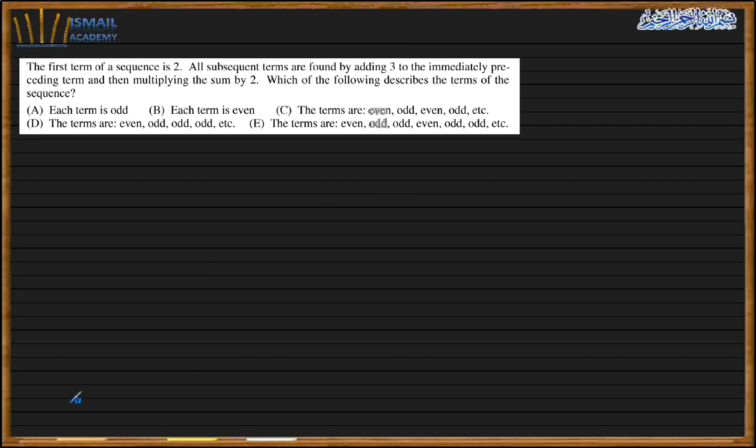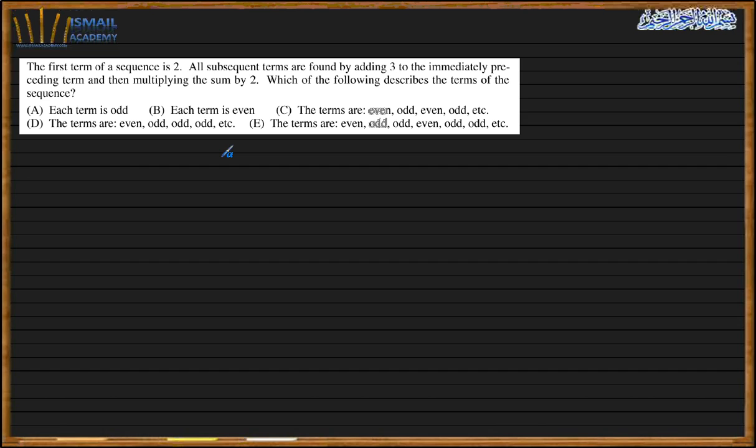The first term of a sequence is 2. So the first term is 2. 3 to the immediate preceding terms.